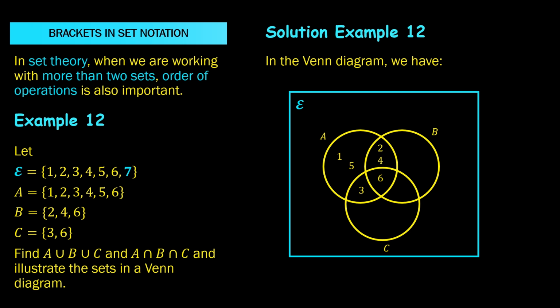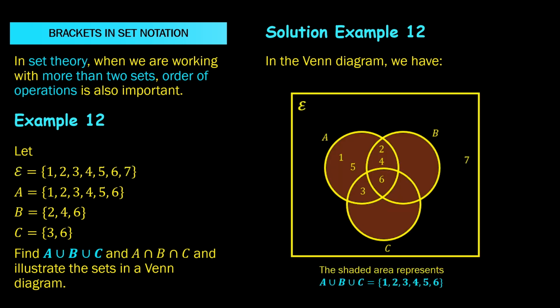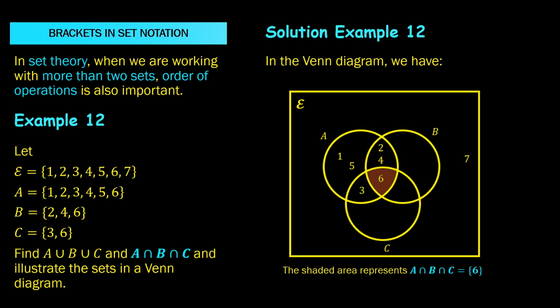This goes in the universal set as shown, but it's not in any of the sets A, B or C. The shaded area represents A union B union C, so all the elements, or whole numbers, from 1 to 6 inclusive, as shown. This shaded region represents A intersect B intersect C, which is only the element 6 in this example.